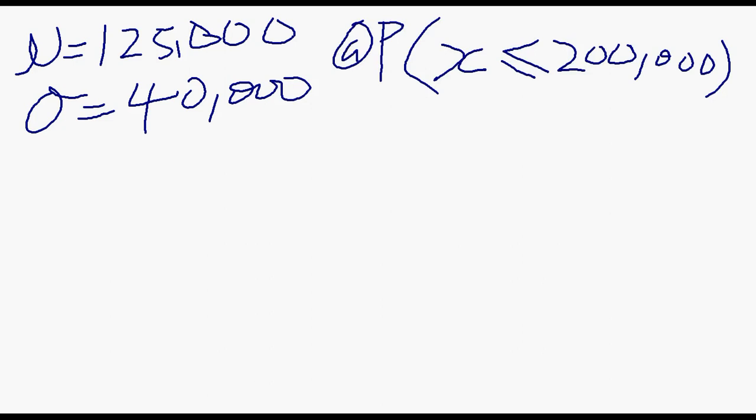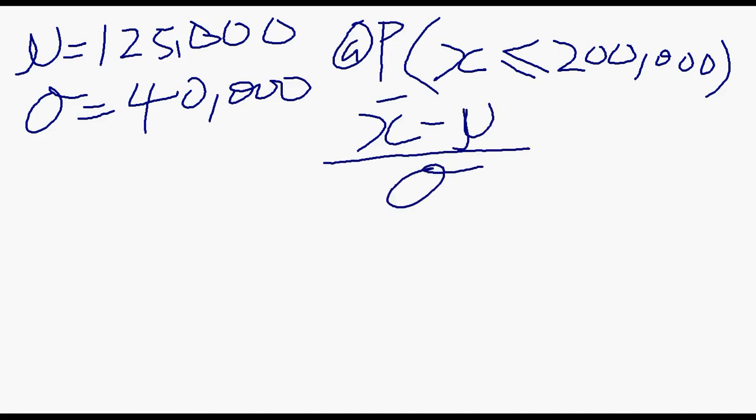Quickly we put down our formula, which is the sample mean minus the population mean, all over the standard deviation.